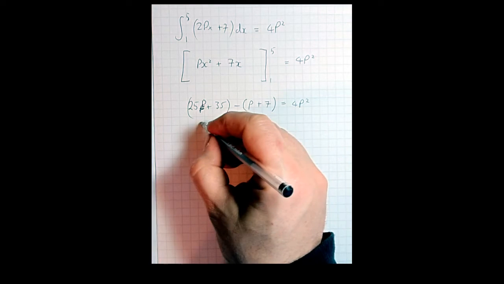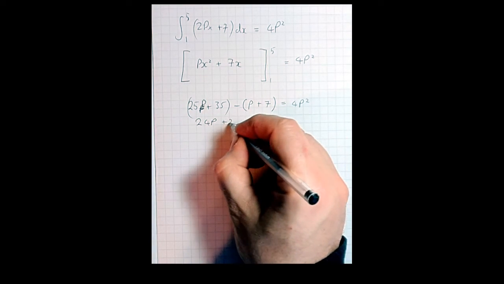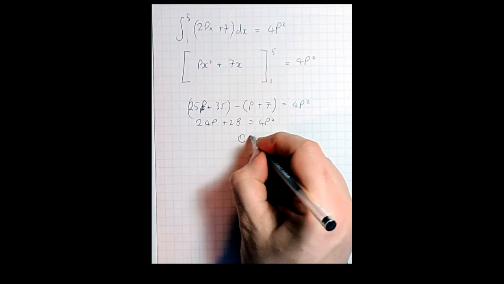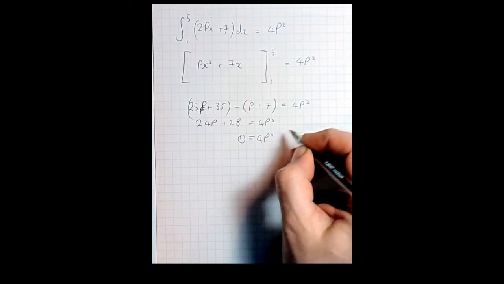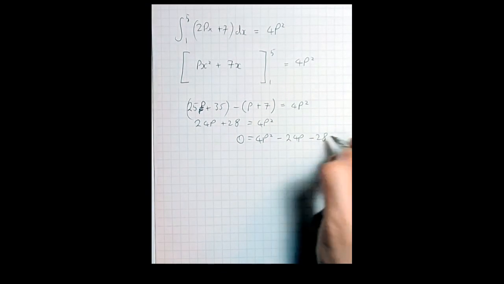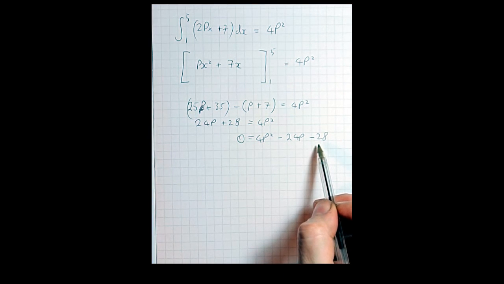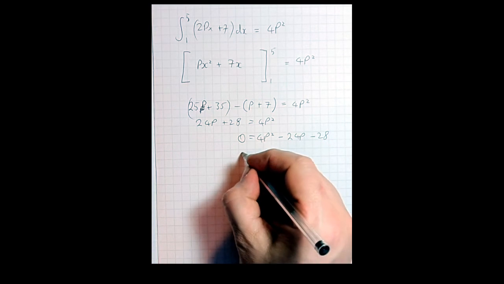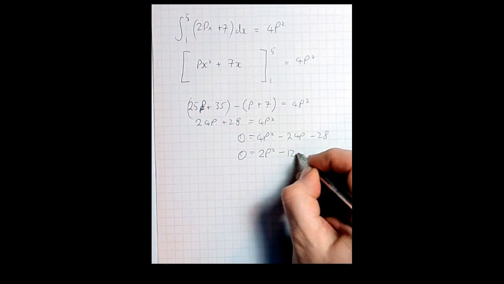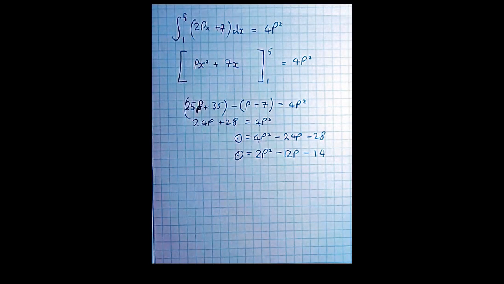25p minus p is 24p. 35 minus 7 is 28. So I have a quadratic, so let's write it out in the order that I like. Before I do anything, these are all multiples of 4. No, they're not, multiples of 2, so let's simplify. 2p squared minus 12p minus 14.